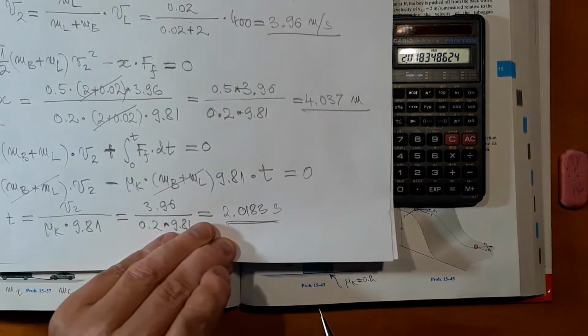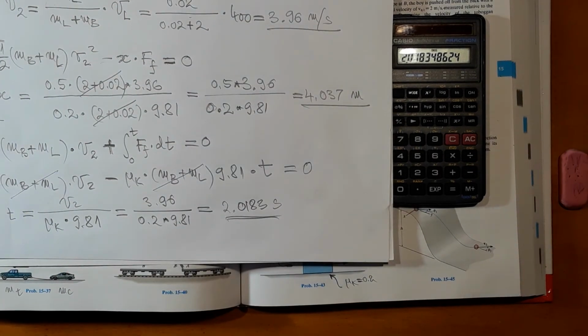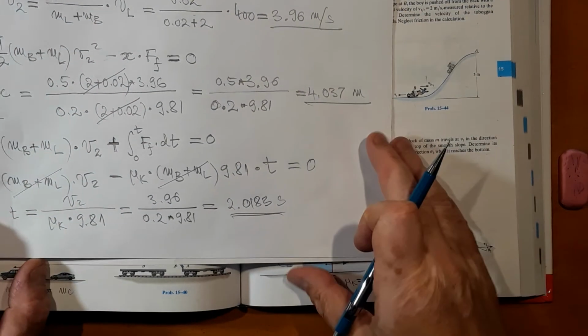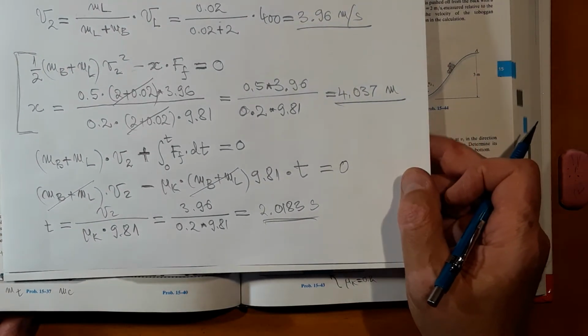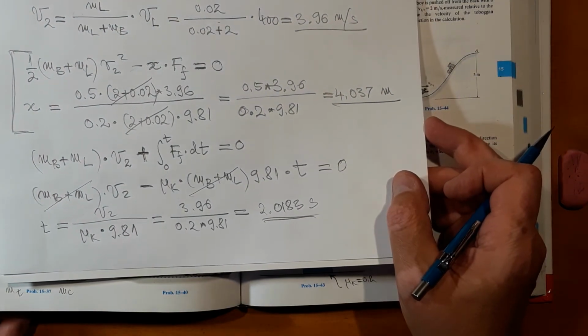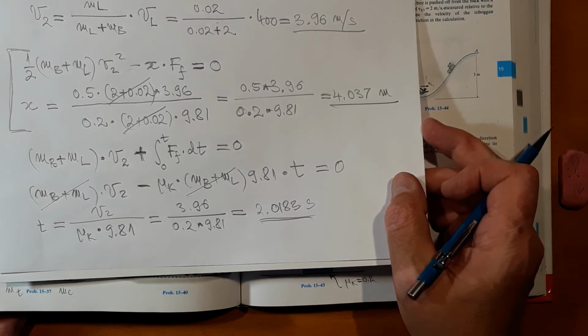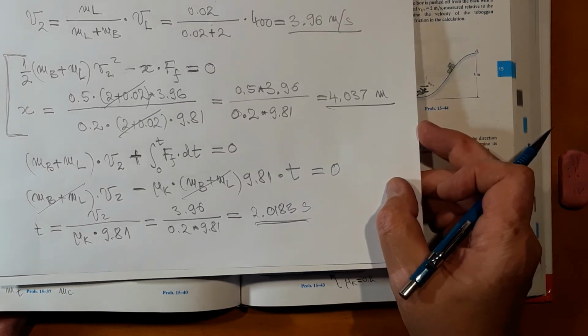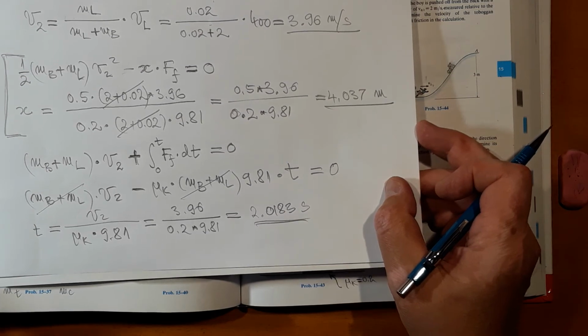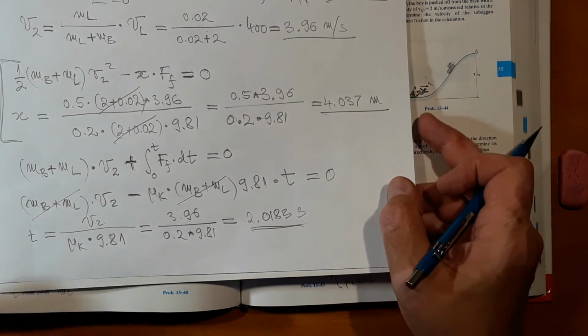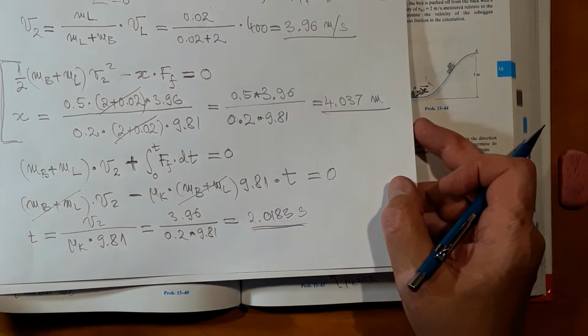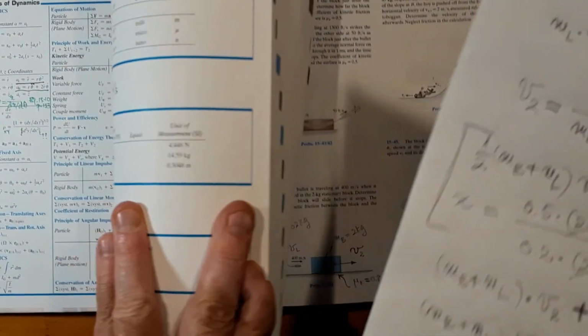Okay, so now that we have the time, we can calculate the distance traveled using, and this is a constant acceleration problem. So we need to find the distance traveled.